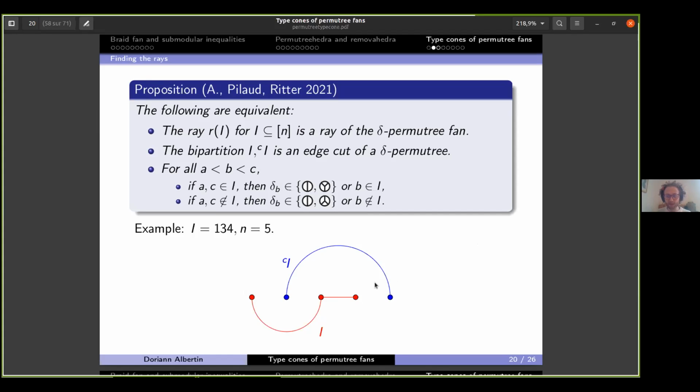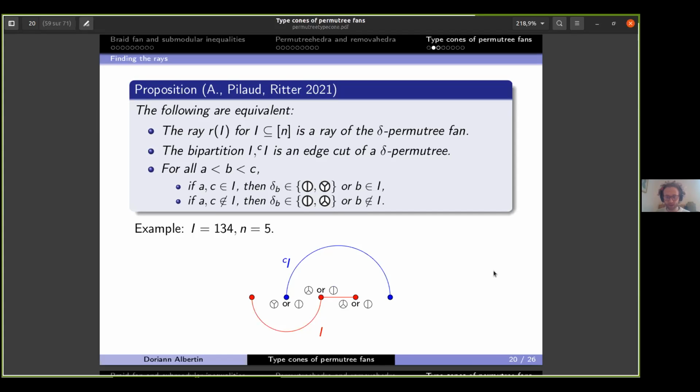Now, the only thing you need to have on the decoration for I to be a ray of the associated fan is that whenever there's someone passing below a point, you do not want this point to have a down fork. So you can have either an up or a none here. And conversely, here there's someone passing above at this point. So you can have either bottom or none, but not something with a fork looking up.